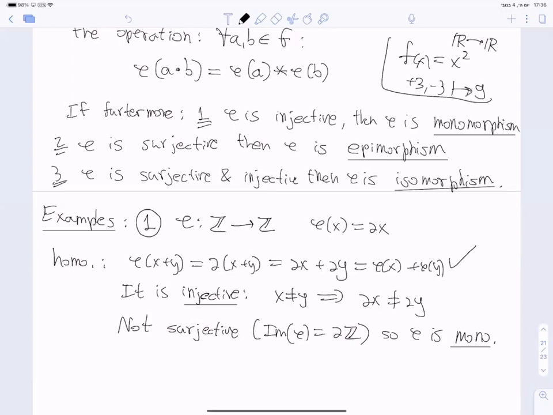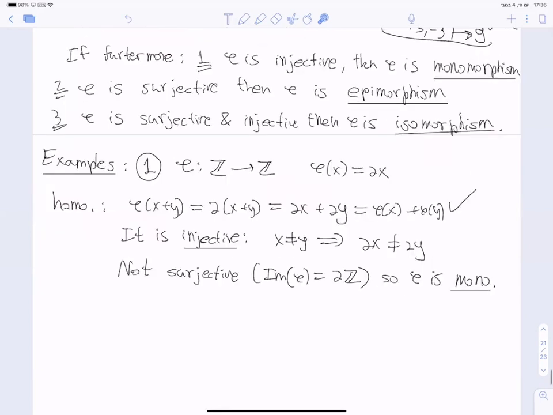They share the same image. So no, this is not injective. But here, of course, if the origins are different, then their images are also different. Okay, this is the first example.